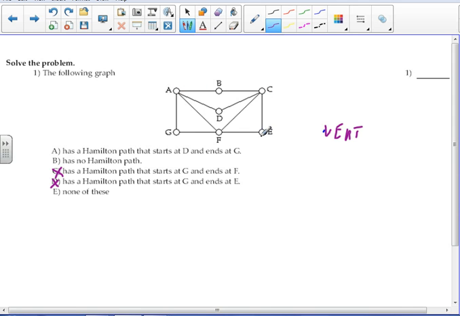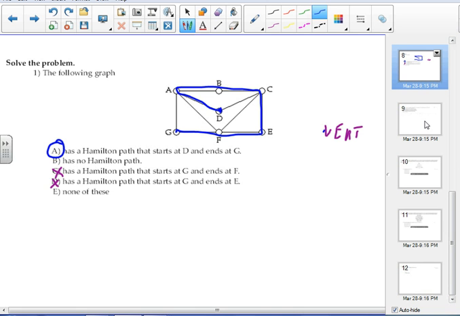So I have a Hamilton path starting there, going here, here, there, there. Now I've gone through every vertex, but I don't necessarily have to use all the edges. So the correct answer is A. And I'm sure on Monday we'll get to that.